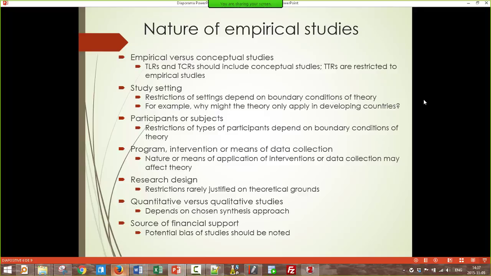Think about what characteristics of these countries would be relevant to the theory. So maybe it's the political context. Maybe it's the economic context. Maybe when people don't have such high salaries, it's different. So like human factors.